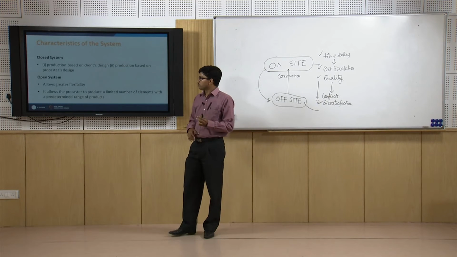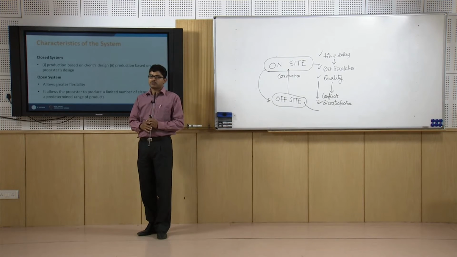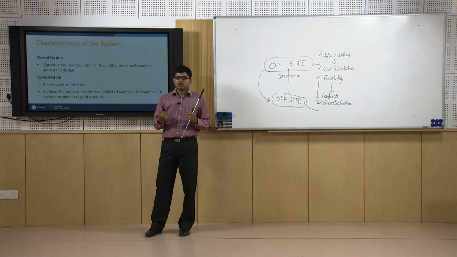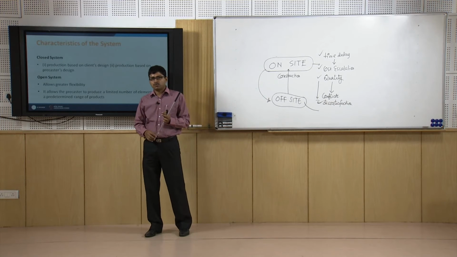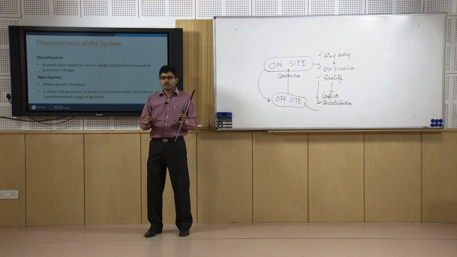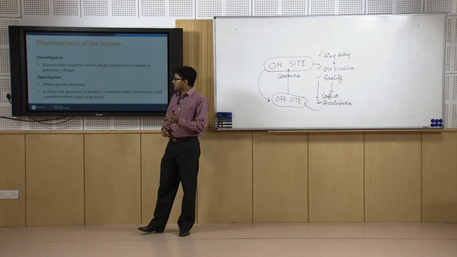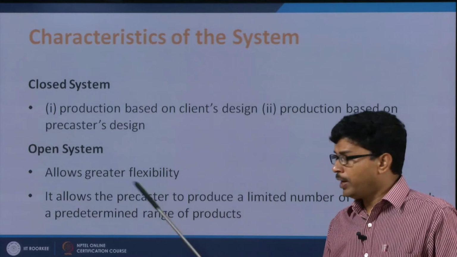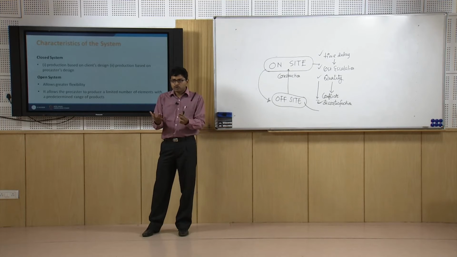So, these are closed systems. The characteristic of the closed system is, if I as a precaster or producer develop a module, a product, no other company or manufacturer will be able to monitor or modify or enhance the product. So it is closed to other agencies, whereas in an open system, on a common standardized platform many companies can participate, many companies can give their products and those products can be assembled.